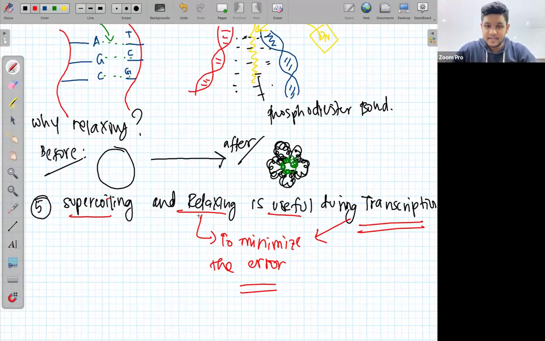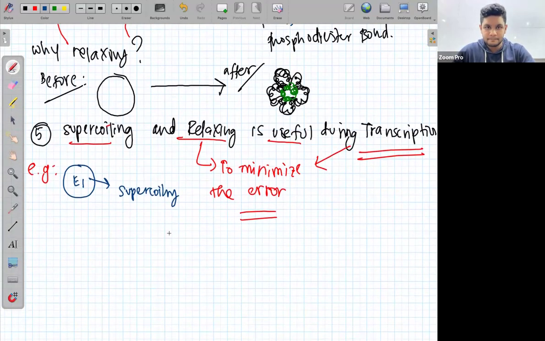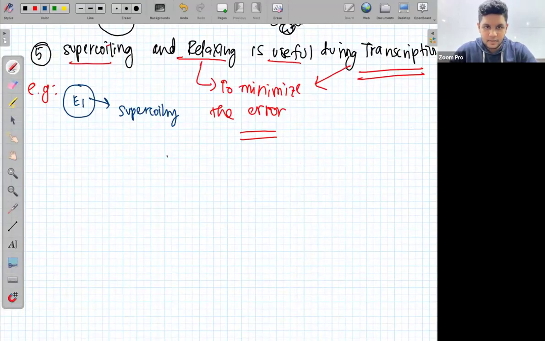Now see, there is a DNA, and there is an error. Assume there is no relaxing process. It has been supercoiled, and after supercoiling it has produced a completely coiled structure.